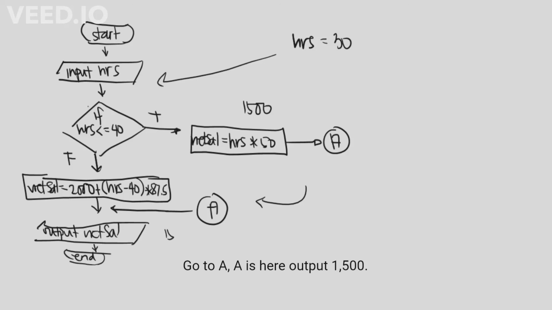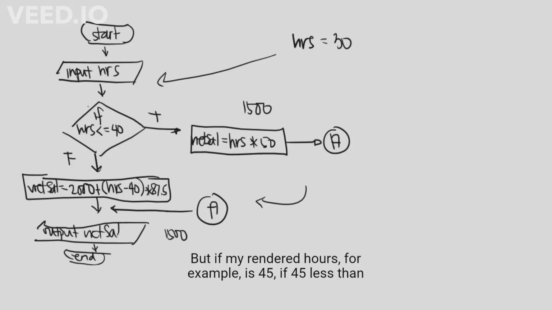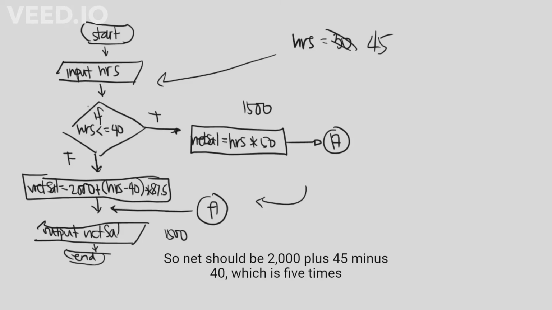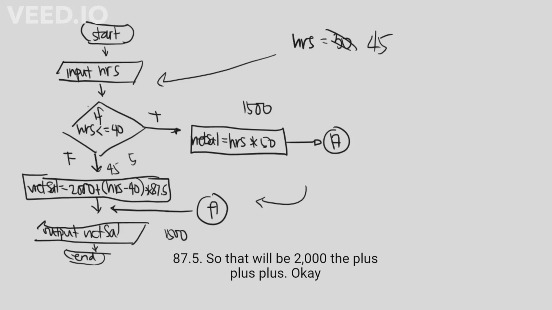Output 1,500. But if my rendered hours, for example, is 45, is 45 less than or equals to 40? False. So net sal should be 2,000 plus 45 minus 40, which is 5, times 87.5.